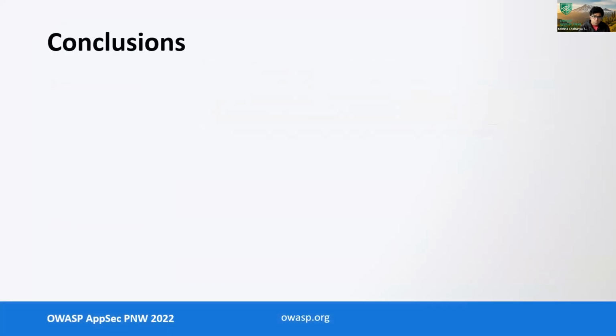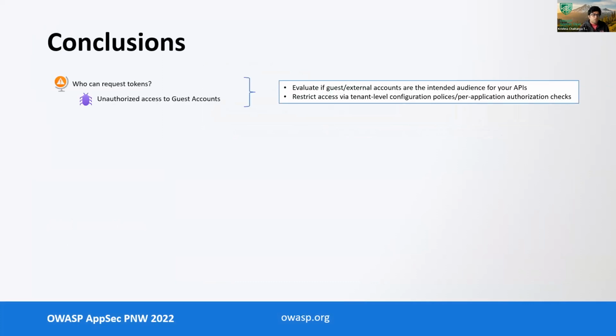With that, I'll come to the conclusions, which are the high-level mitigations or recommendations. I have links in the reference slide, but at a high level, I try to give high-level guidance. Who can request tokens? We spoke about this as the unauthorized guests problem. The key thing is that it's not always bad for guests to have access.